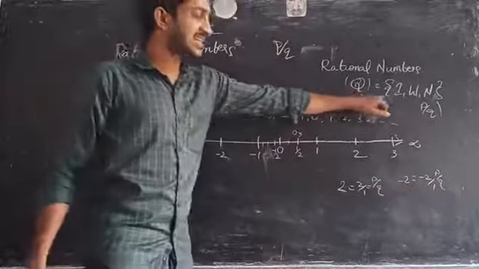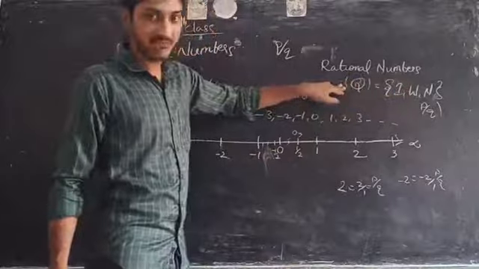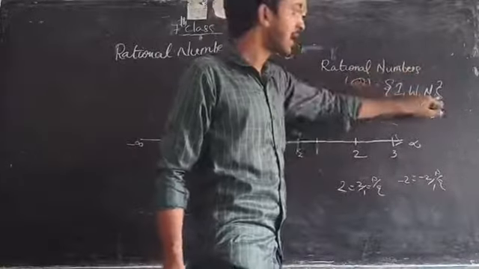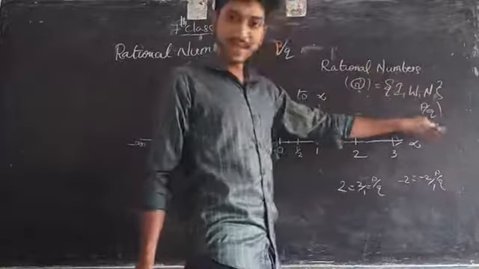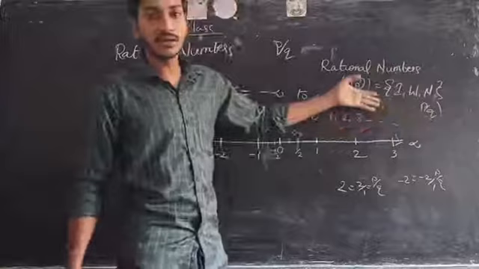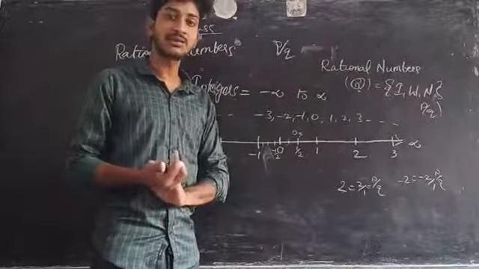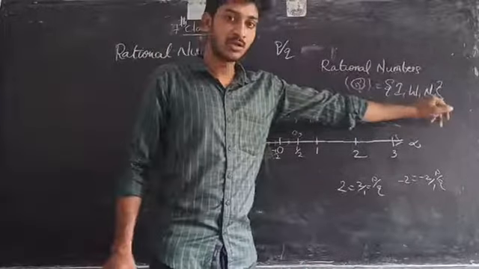So all the integers, all the whole numbers, and all the natural numbers are rational numbers, along with the numbers in the form of p by q. So any number we can call a rational number if it is an integer, whole number or natural number.